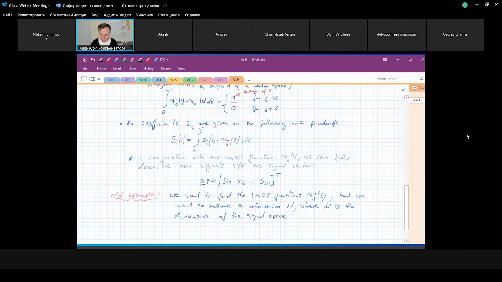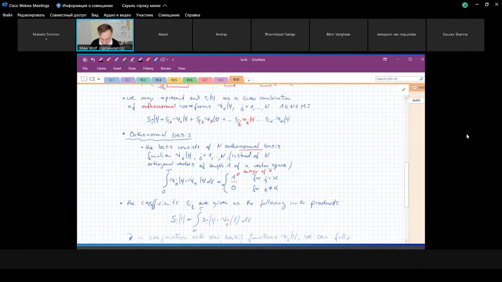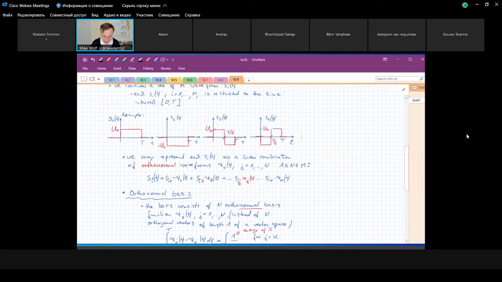Now look, we go here to the old examples. These are our 4 signals. And it's clear that it's not enough to use just one basis function, because if this basis function, for instance, is the same as the first signal, the second signal is just a weighted first signal, that's clear. But the third signal cannot be represented just by a scaling of the first signal.